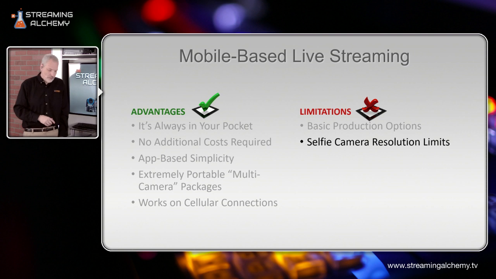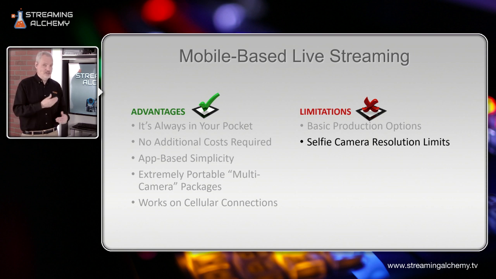The other thing to keep in mind is that there are limitations to the selfie camera compared to the rear camera. So I can speak from experience on the iPhone side. The rear-facing camera on the iPhone is a 12 megapixel camera, and that can actually capture video up to 4K.